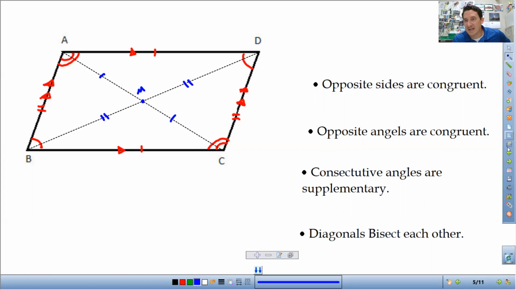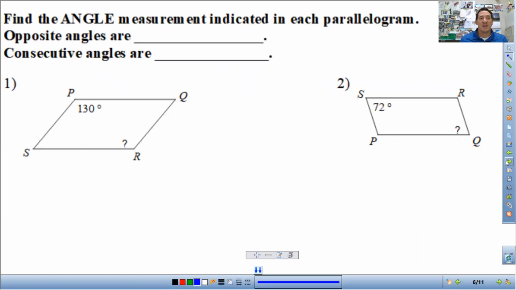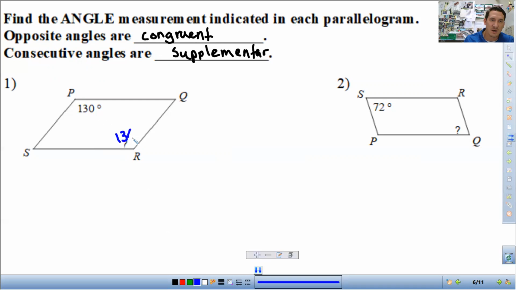So let's work through some examples of this. Opposite angles, remember, are congruent or equal. Consecutive angles are supplementary, which means they add up to 180. So here, 130, this one is opposite, it's across from it, so this is also 130.